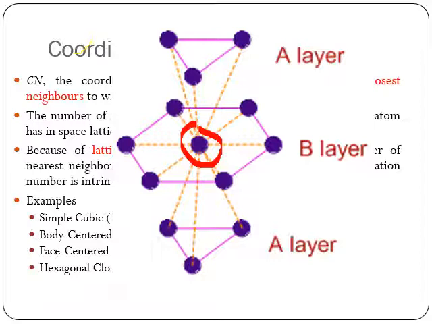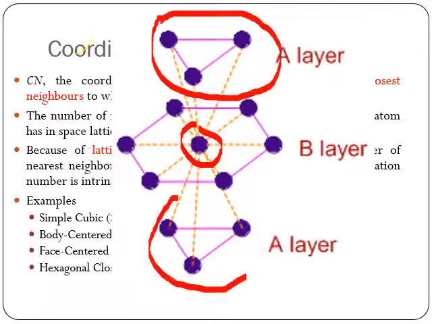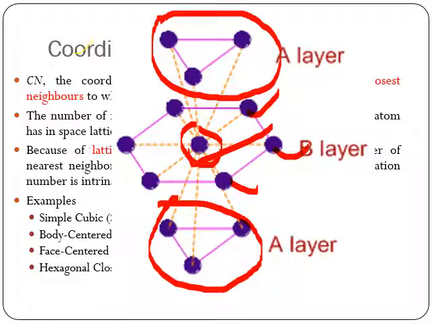So total 6, plus these 3 is 9, plus these 3 is 12. So there are 12 atoms which are going to surround a single atom.